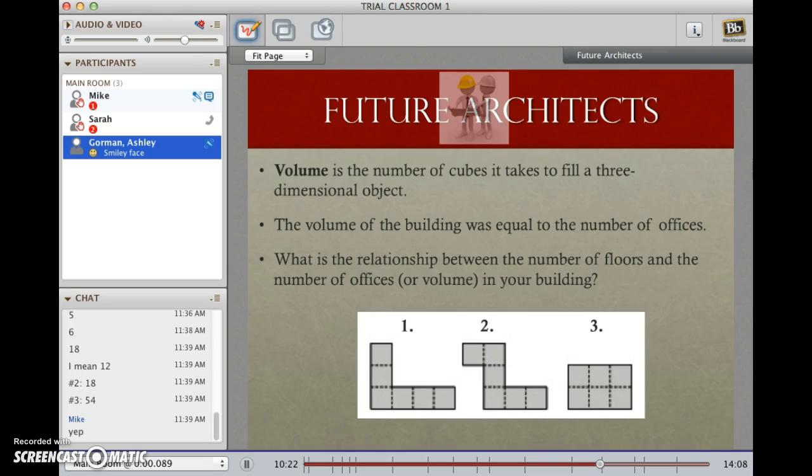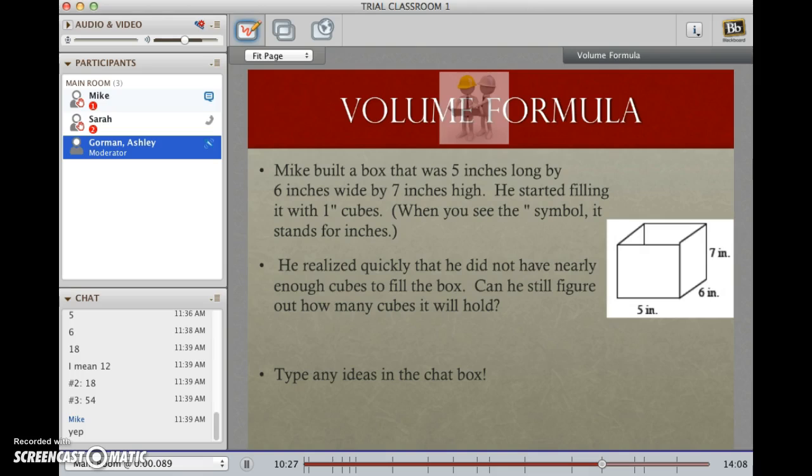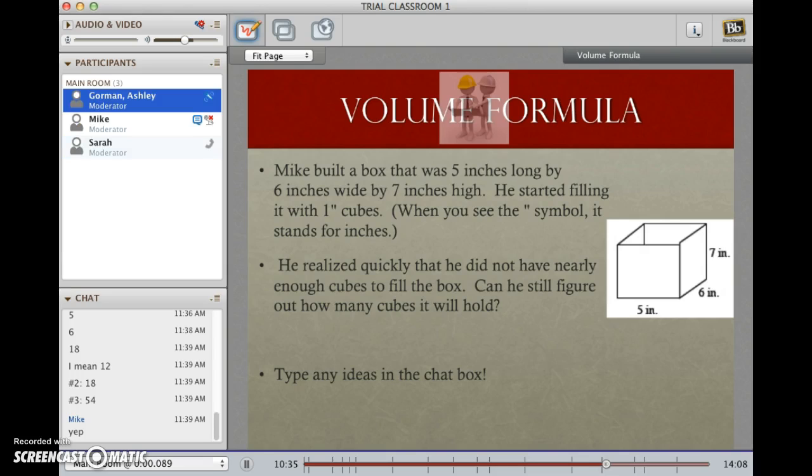All right, so since Mike is just doing so well today, we have a problem about him. You can go ahead and put your hands down. Mike built a box that is 5 inches long by 6 inches wide by 7 inches high. He started filling it with his 1-inch cube, and when you see that symbol, it stands for inches there.